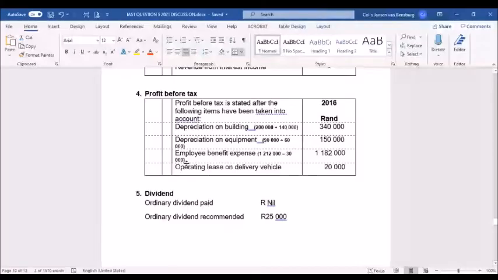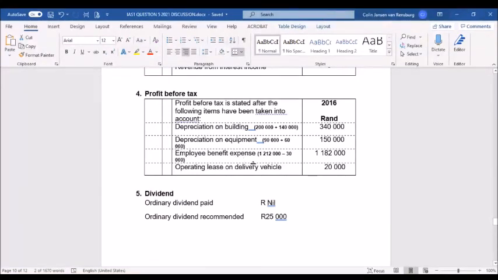I'm almost done in any case. So just with regards to the profit before tax, now just to finalize that, we said that we are going to show or disclose those items that are material in nature, like the depreciations, because it does not involve the flow of cash.